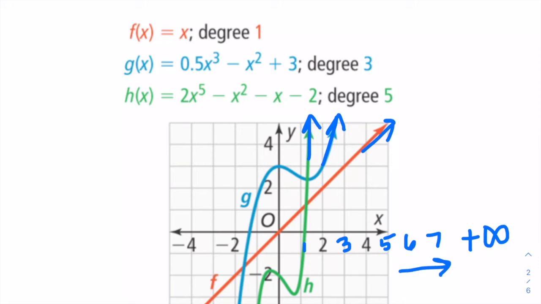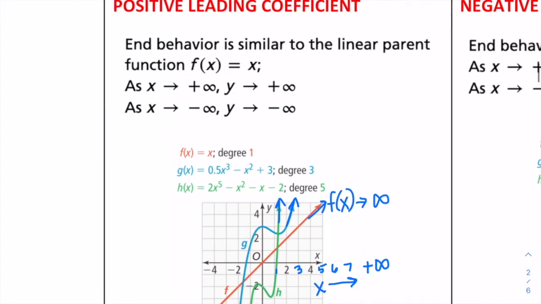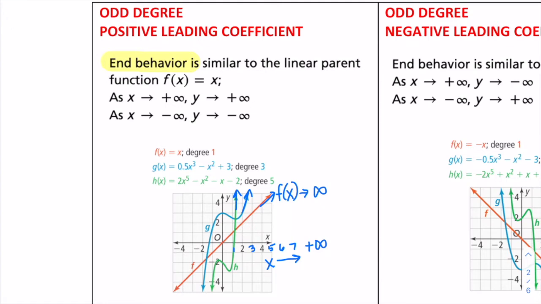So as x is approaching positive infinity, these functions are also approaching positive infinity. So when we talk about end behavior, we're saying, how is that ending? What's the ending of the story? What's the ending of this function? We're saying as x approaches positive infinity, y is going to approach positive infinity.